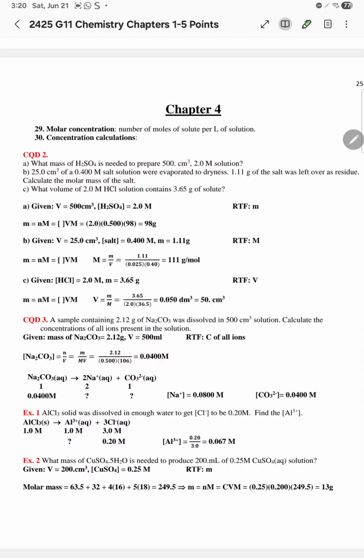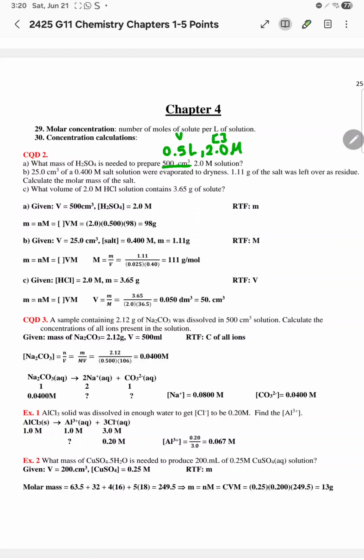What mass of H2SO4 is needed to prepare 500 centimeter cubed, which is the same as 0.5 liters, because you divide centimeter cubed by 1,000 to get liters, of 2 molar solution. So this is your concentration, and this is your volume.